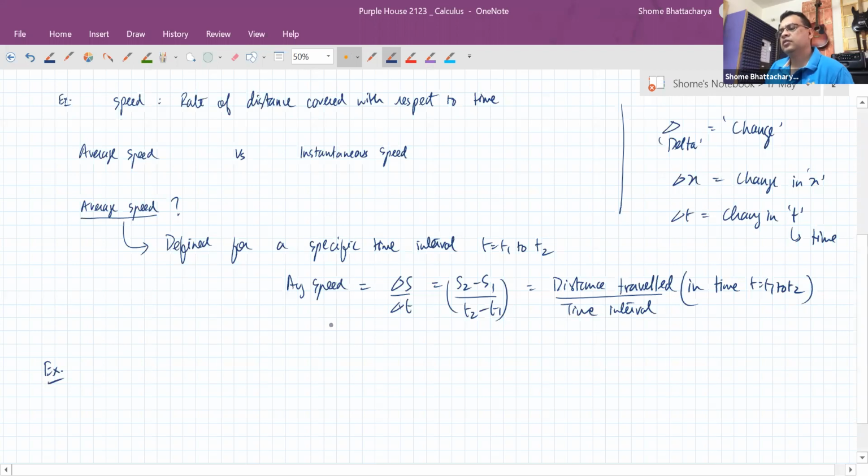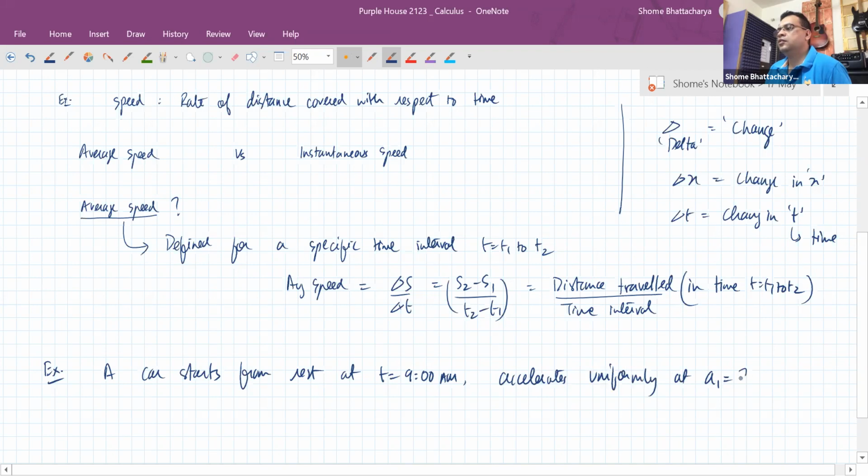Suppose we have a situation like this: a car starts from rest at time t equal to, let's say, 9 a.m., then accelerates uniformly at 2 meters per second square for 10 seconds, then travels at uniform speed for the next 50 seconds.